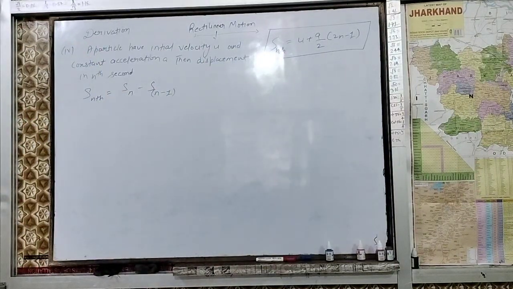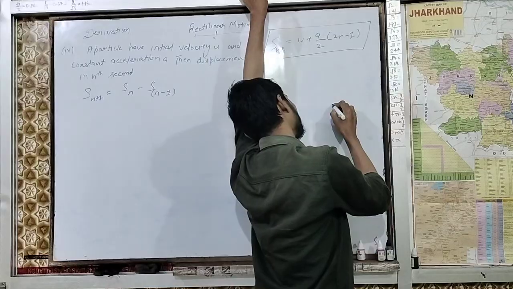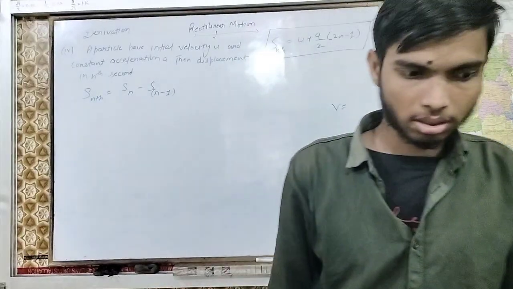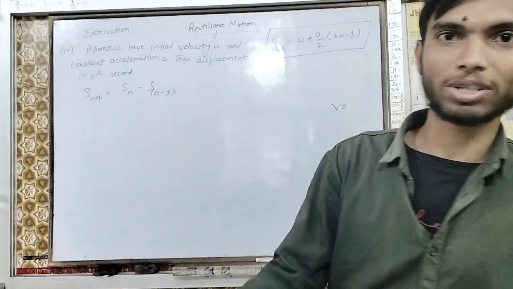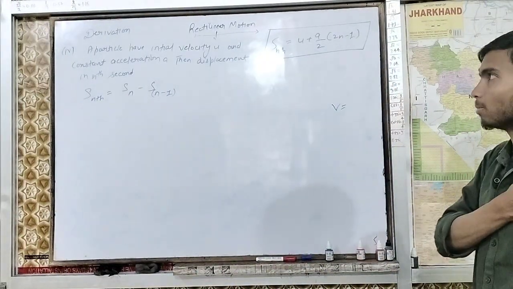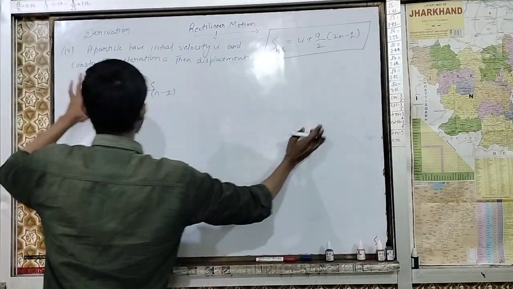Constant velocity is not equal to constant acceleration. Try to understand, both are not the same. So acceleration is constant.